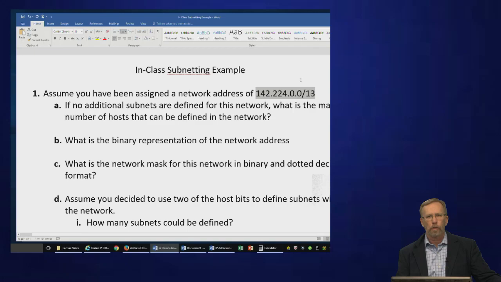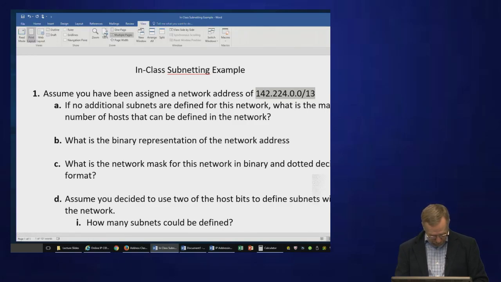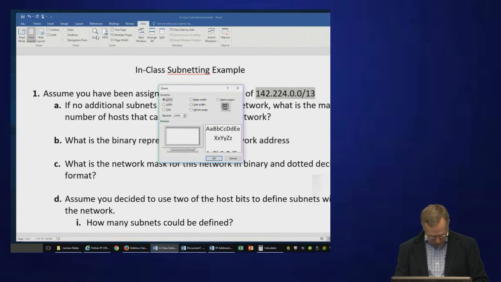Make sure it's up on the screen where you guys can see it. I don't think I can get it any further to the right. I think that's as far as I go. So we might have to deal with some minor formatting issues here. Maybe I can zoom the view out just a small bit.